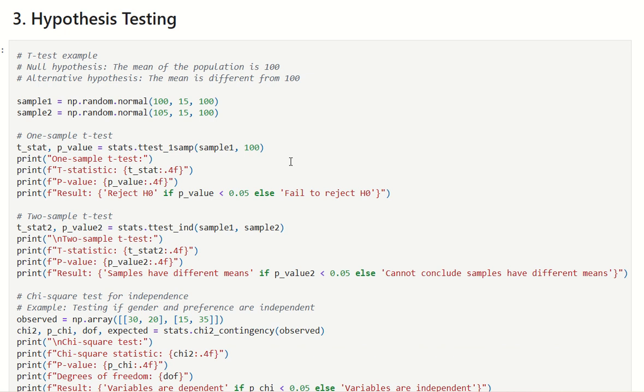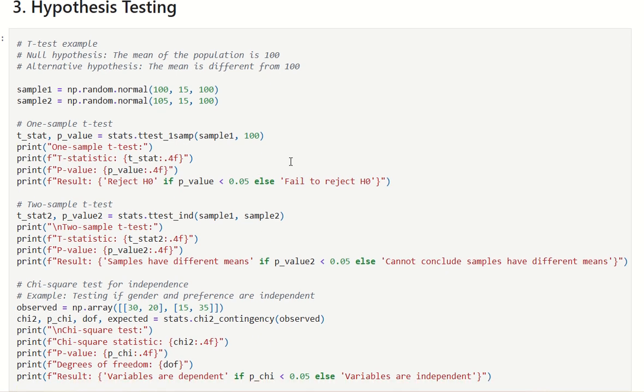For categorical relationships, I use a chi-square test for independence. With all tests, I report the test statistic, p-value, and a practical interpretation. A p-value below alpha, commonly 0.05, signals evidence against the null.